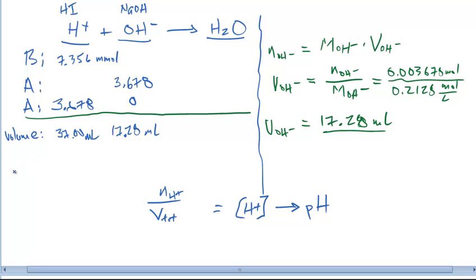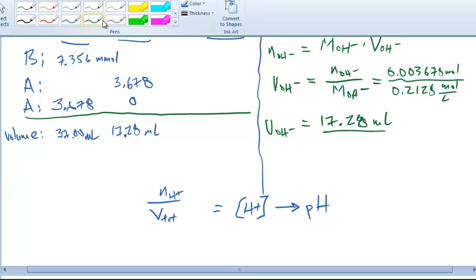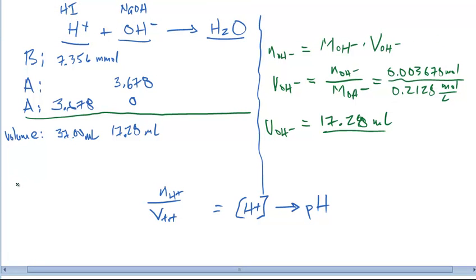So I'm going to go over here and do that in green again. I like green. The number of moles of H plus is equal to, going back to regular moles, 0.003678 moles over the total volume. If you add these together and put that in terms of liters, this would be 54.28 milliliters, which is 0.05428 liters.